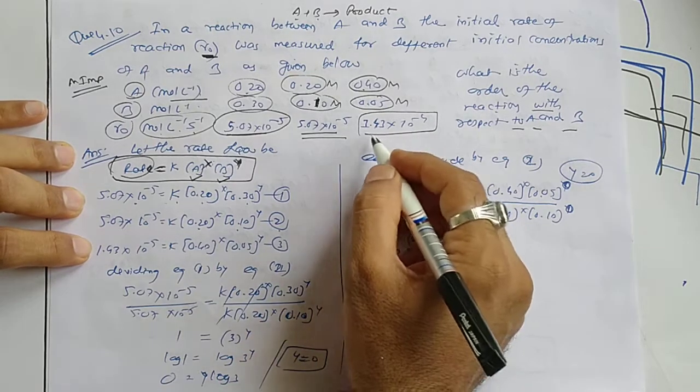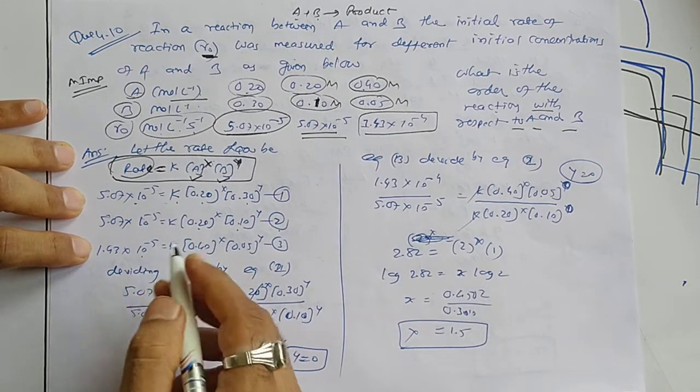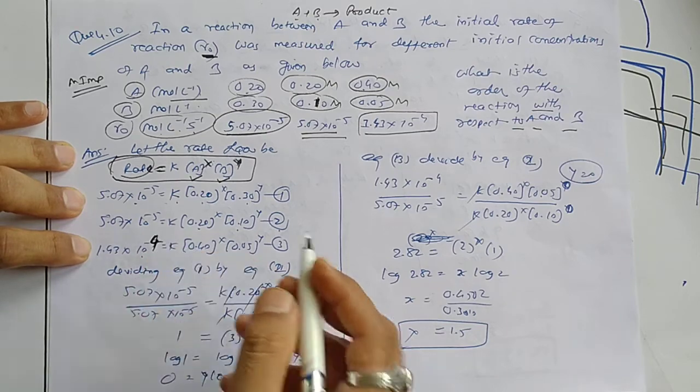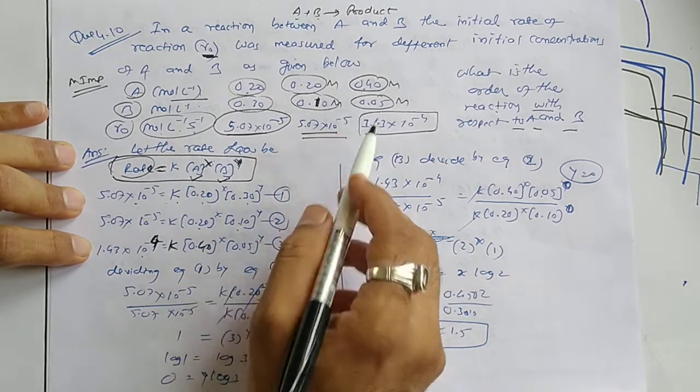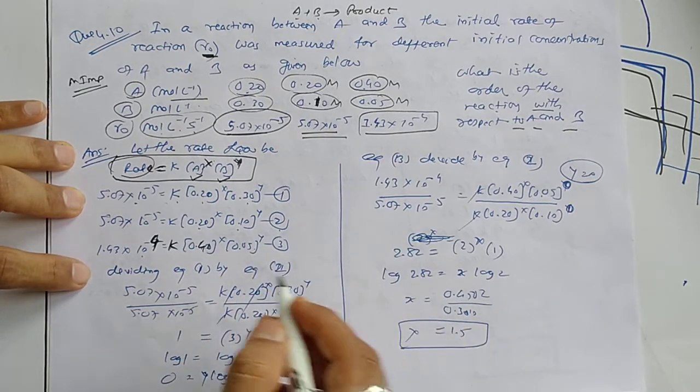Now in the third one, 1.43 × 10^-4 = K, here A is 0.40 raised to x and B is 0.05 raised to y.